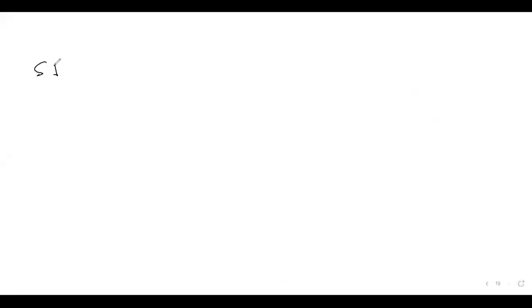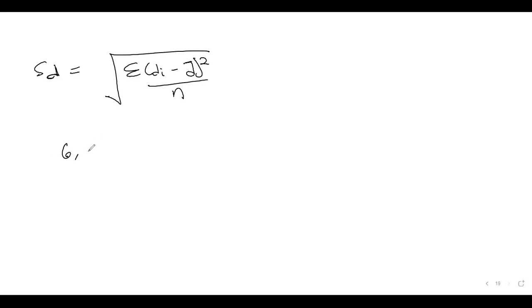So the standard deviation of the differences. Remember that the formula for the standard deviation of difference is the square root of sigma (di minus the average difference) squared, all over n. Okay. So the differences were 6, minus 4, 45, 13, 16, and minus 3.